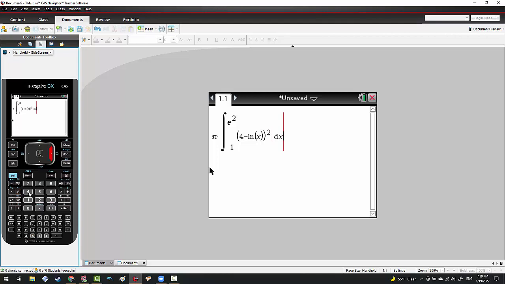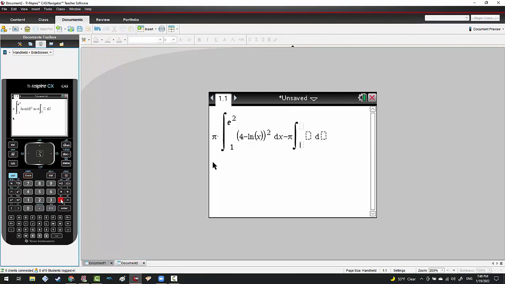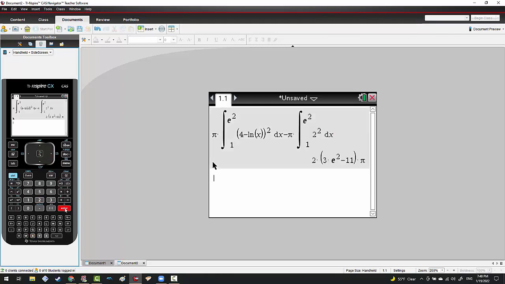And then I'm going to say minus, that same deal here, so pi, shift plus, integral, 1 to e squared, and that's going to be 4 minus 2, so I'm just going to put in 2 squared dx. I'm going to cross my fingers, hit enter, and I got something kind of weird.